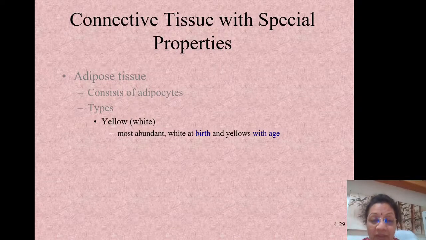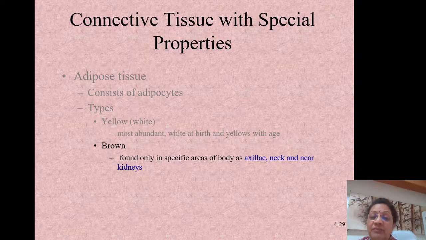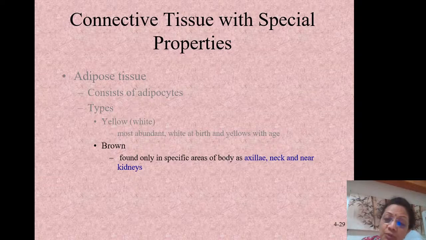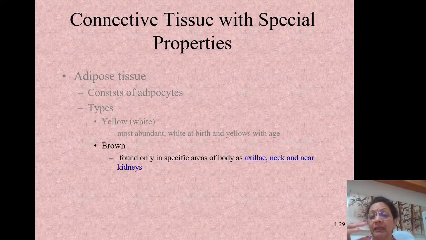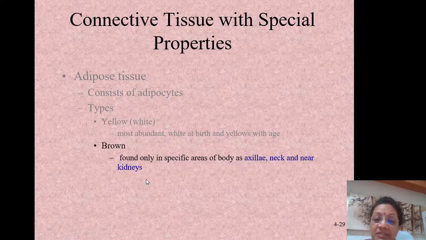The yellow or white fat is most abundant. The brown fat is only found in certain areas. There is a histological difference between them, and this distribution is particularly provided as a tissue packing, as insulation, and as padding, as a support near your organs such as the kidneys.